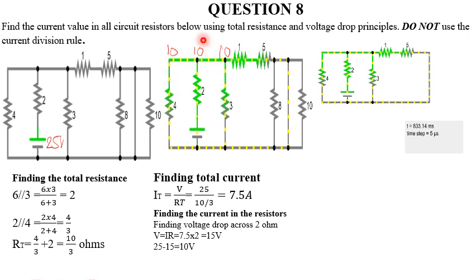So basically, since we now know the voltages leaving here, we now need to find the current through the various resistors. So here, let me just write it here.